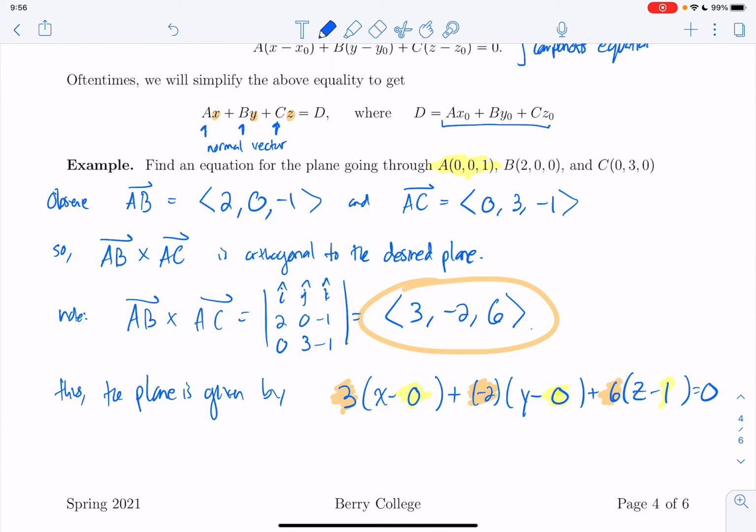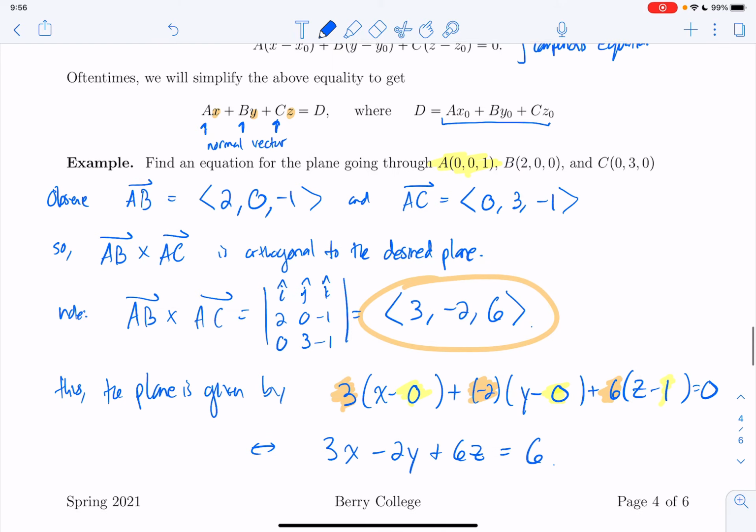An equivalent formulation is 3x minus 2y plus 6z equals 6. It's a perfectly reasonable equivalent formulation. So these are the equations for a plane.